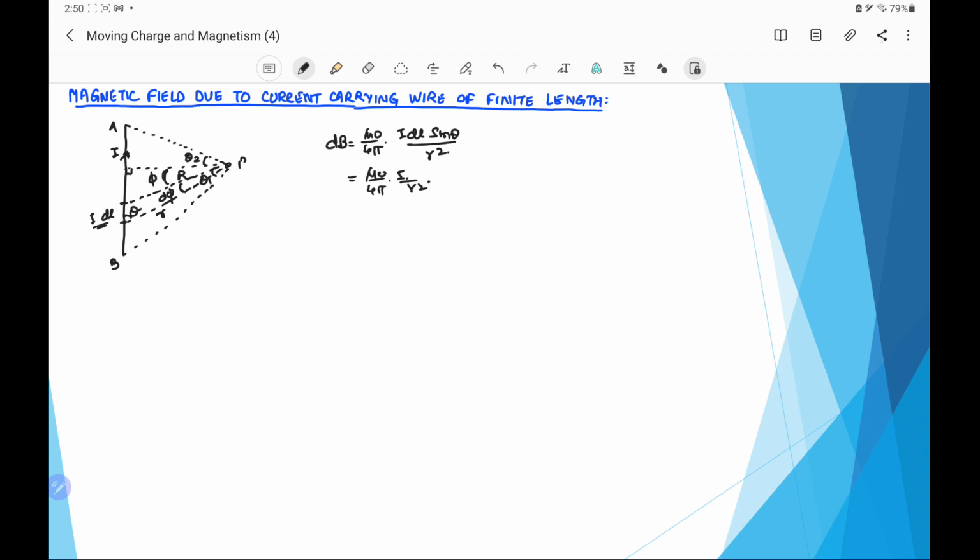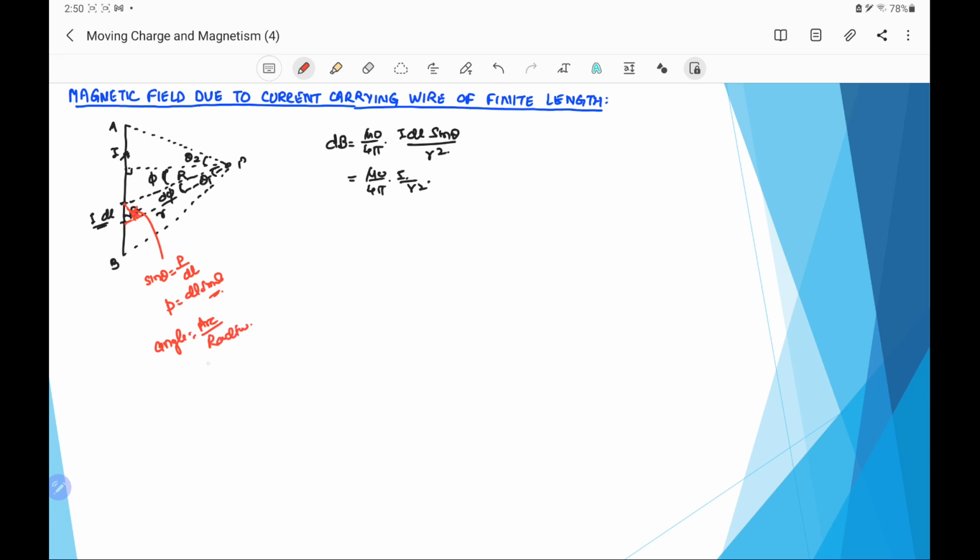Using the figure, if we drop a perpendicular from this point, then using trigonometry, sine theta is equal to perpendicular by hypotenuse, and the hypotenuse is dl, so we can write perpendicular equal to dl sine theta. So we can replace this dl sine theta by this perpendicular p, and p can be modified according to the formula angle equal to arc by radius.